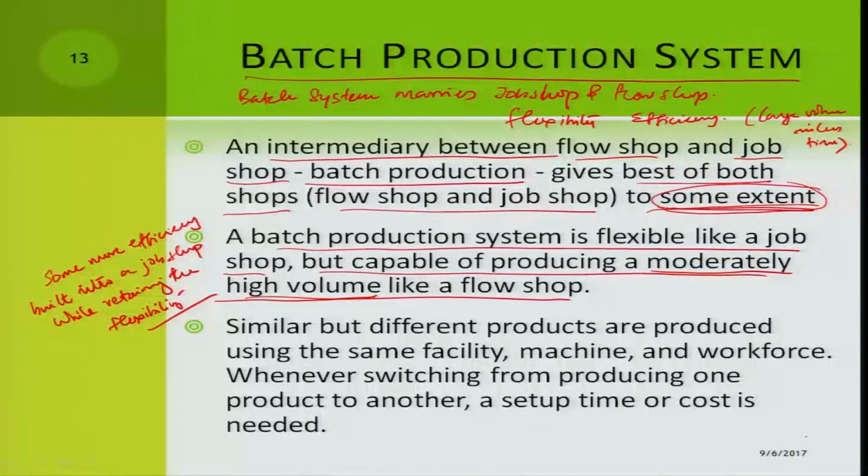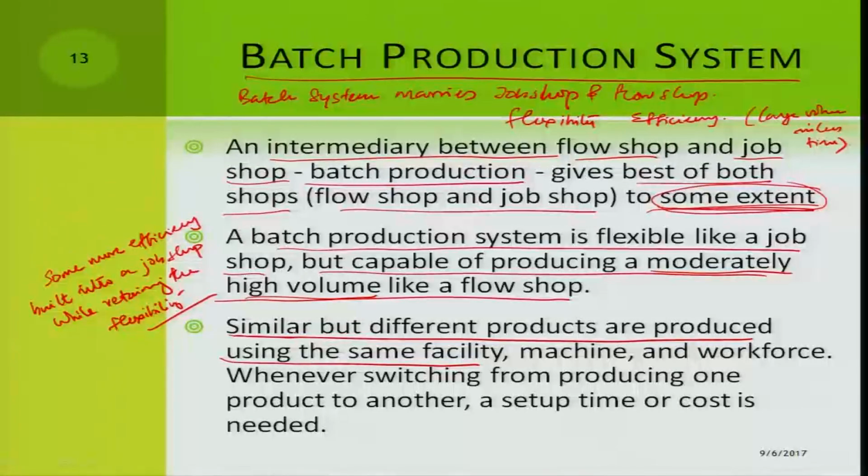So, what we would argue in this case is that in batch production, similar but different products are produced using the same facility. You have the same factory in which similar but different products are produced. So, you might be producing helical gears, but with different diameters or something like that. So, different products, but they are similar.